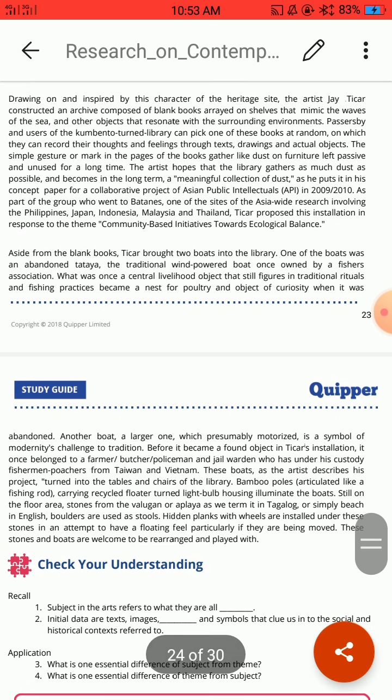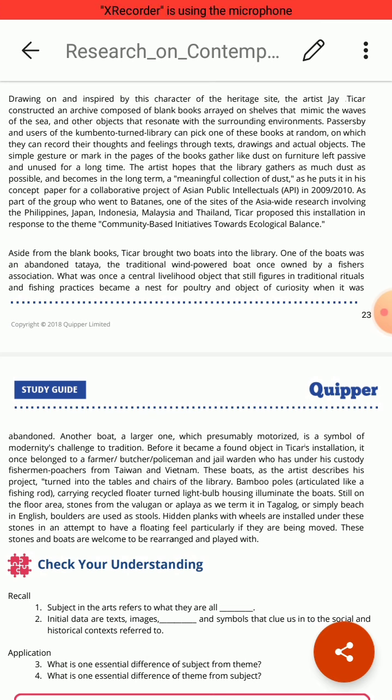So katong first boat is dili kanang magsagwan lang ka, kanang normal boat lang jud siya. Then mao to nag-symbolize siya kung how traditional ang mga fishermen sa una.